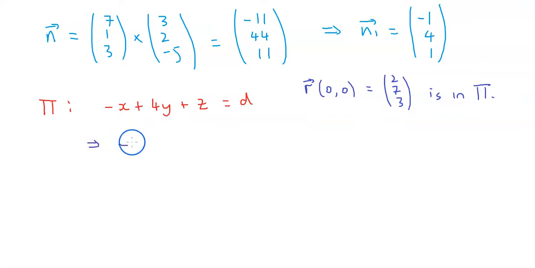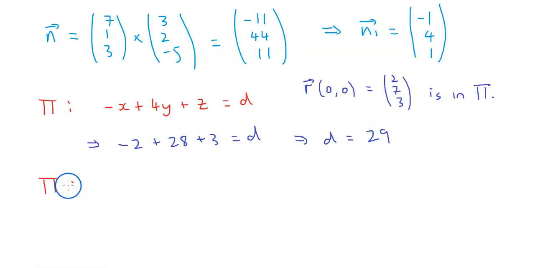So that means we have negative 2 plus 4 times 7, which is 28, plus 3 is equal to d. And so that would tell us that d is equal to 29. So actually the equation of the plane pi is negative x plus 4y plus z is equal to 29.